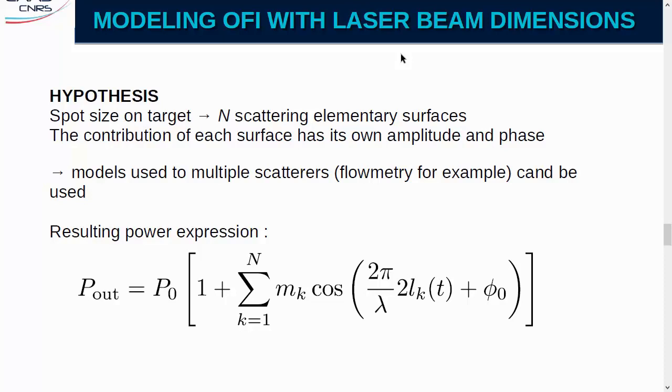So the resulting expression, I passed over the solving of all the equations I've shown before, is that the output power will be a sum of contributions of cosine functions, depending on the distance of each elementary surface on the disk to the feedback power.